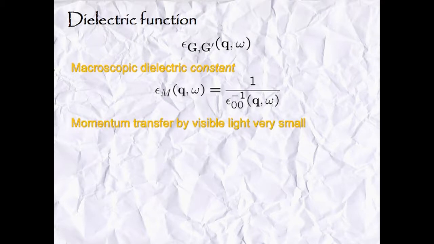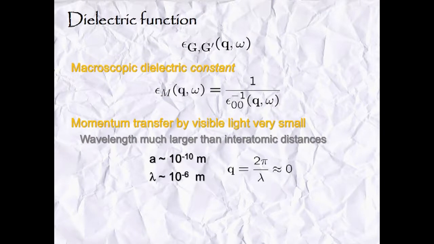So this is the first place where we have to distinguish between visible light and X-rays, because momentum transfer for visible light is considered to be negligible. If you think about a wave coming in with an optical wavelength, the wavelength spans many of the lattice spacings.